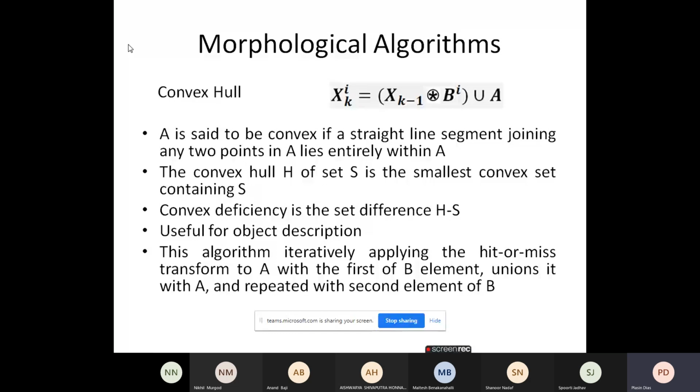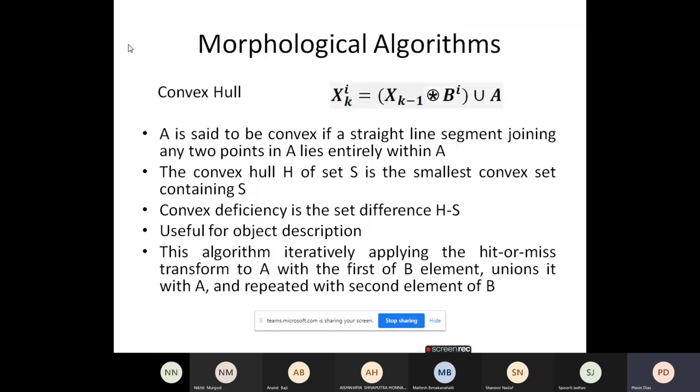That was the general definition for convex, and that's why we consider the convex hull as H in a set S. Okay, and it is the smallest convex set containing S, isn't it? So if you want the set difference, then we consider it as H minus S. Most of the time we use convex hull for the object description criteria.